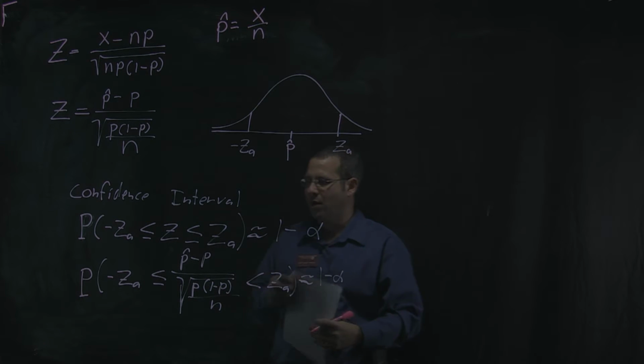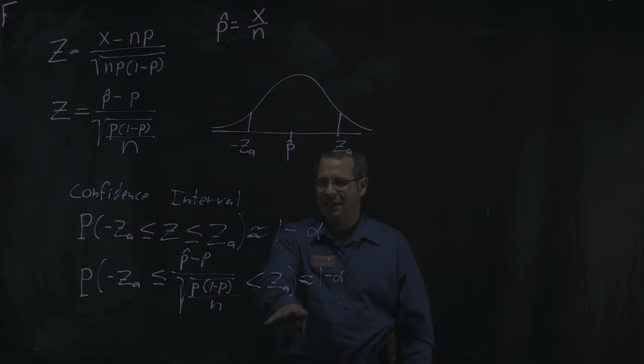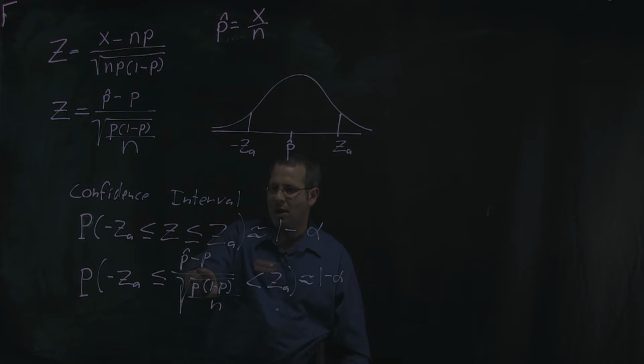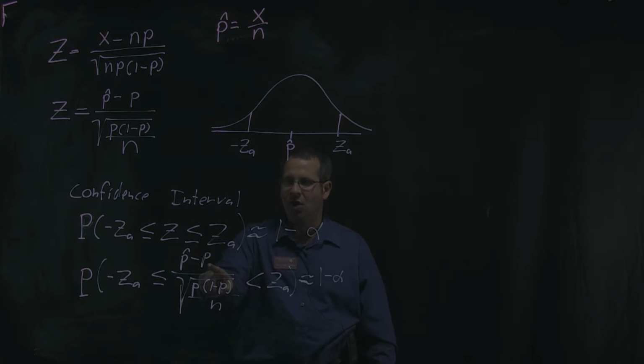All right. So I'm not going to do this last step, but basically I'm going to do a little bit of algebra, solving for p by itself here in the middle.